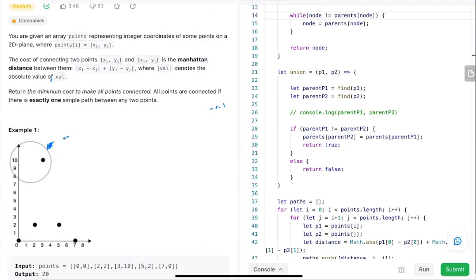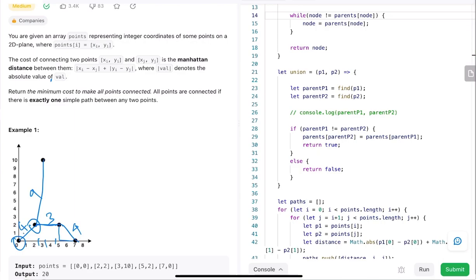Finally, for this particular case, the way it's going to look is this. The distance between these two is 4, the distance between these two is 9, the distance between these two is actually 1, 2, 3, and the distance between those two is actually 4.